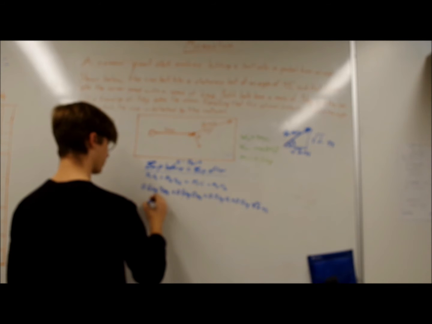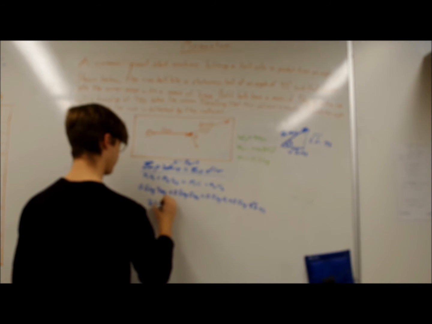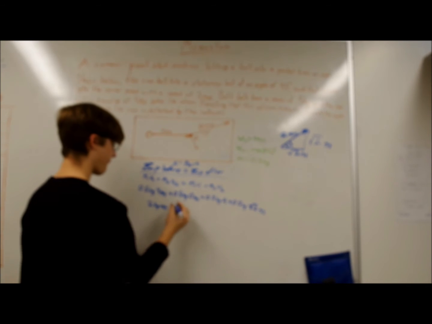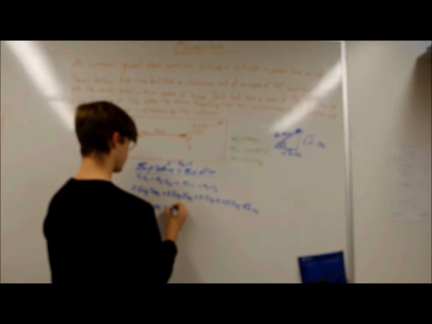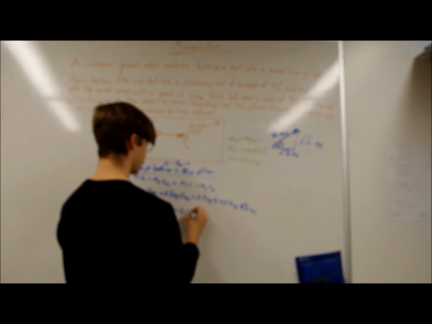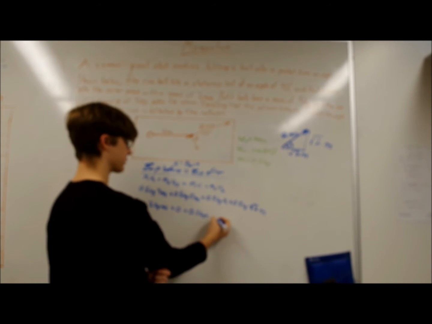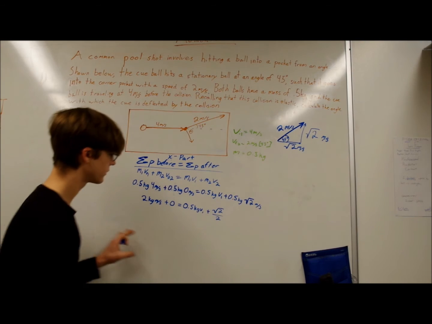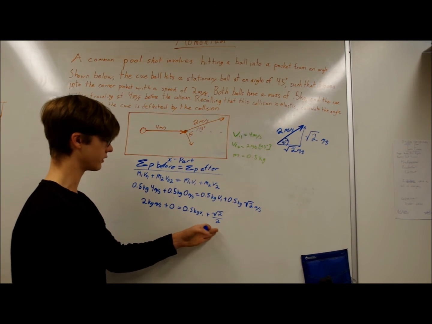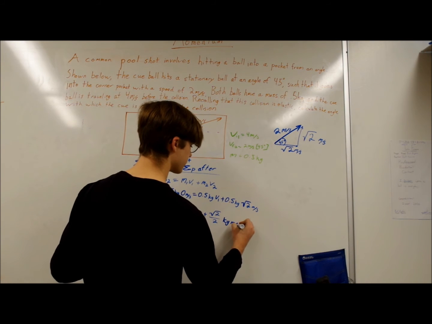Now if we go through, 0.5 times 4 is 2 kilogram meters per second, plus 0 will equal 0.5 kilograms times the velocity plus the square root of 2 over 2 kilogram meters per second.